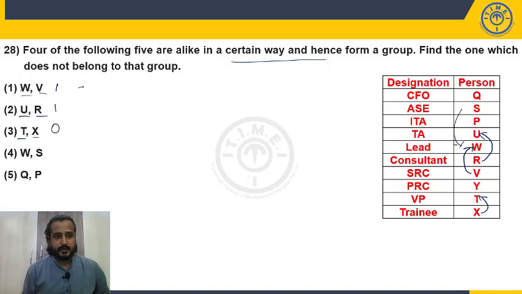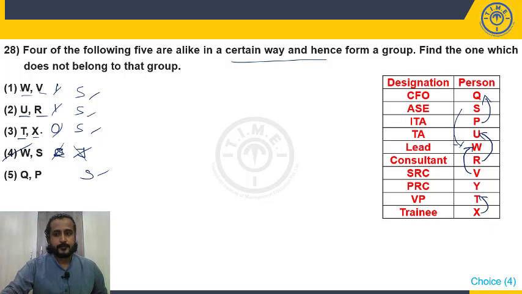Senior, senior, senior, junior, and how many gaps? 3 gaps. W S, 2 gaps. So definitely the logic should not be with the gaps. Q P, again senior. So my answer is everywhere the first person is senior to the second person except in the fourth option. So choice 4.